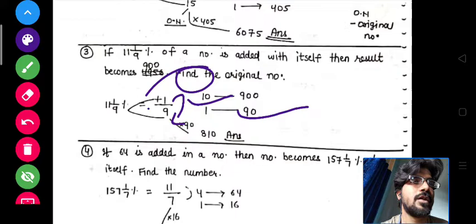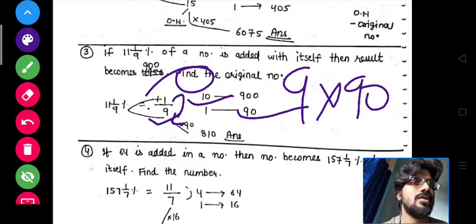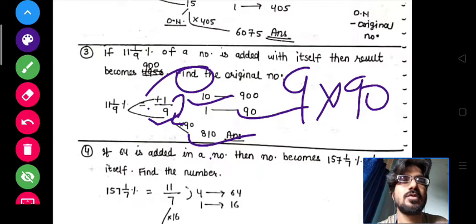So 10, the value of 10 is 900, the value of 1 is 90. So the value of 9 is 9 into 90, that is 810. 810 is the answer. Okay, this way you can do all these questions.